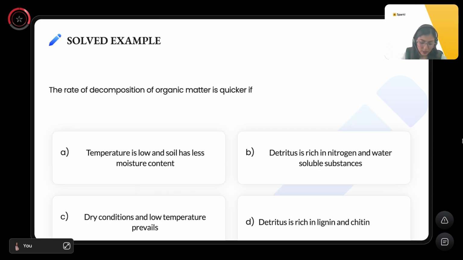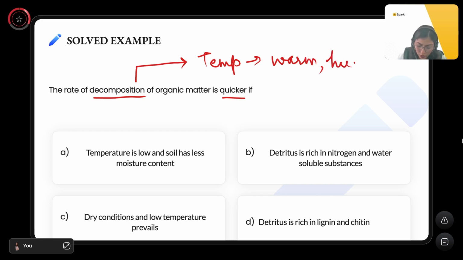So next question says the rate of decomposition of organic matter is quicker if. Now यहाँ पे बेटा अगर आप देखोगे decomposition कब fast होती है. So अगर किसी भी detritus का decomposition अगर हमें देखना है faster कब होगा, सो उसके लिए हमें एक optimal temperature चाहिए. Temperature has to be warm, it has to be humid in the surroundings, there has to be proper aeration in the soil, aerated soil must be there.